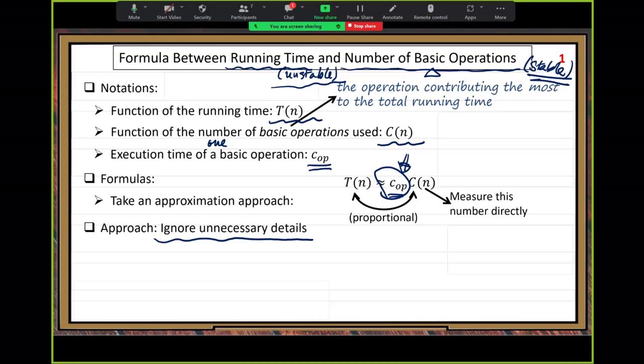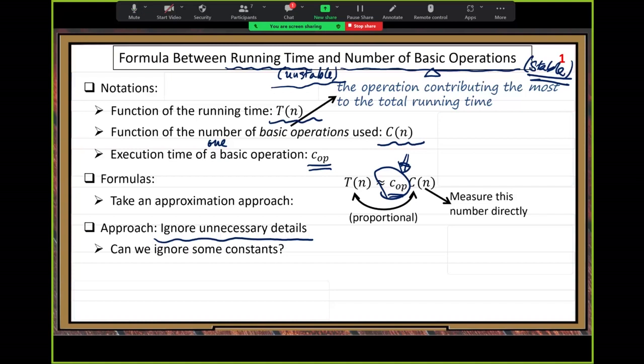But after simplification, we want to have good approximate formulas. That's the main idea. The question: can we ignore some constants? In our formulas, we may have many different constants, and we want to see what kind of constants we can ignore.